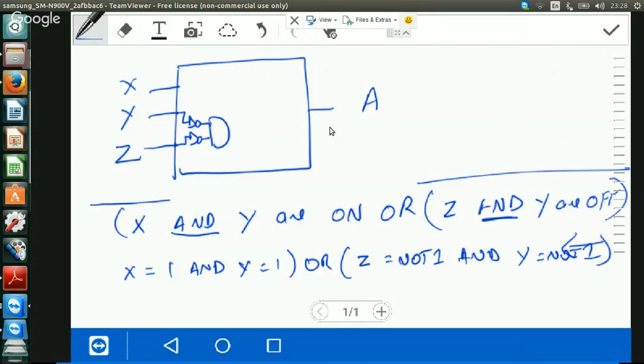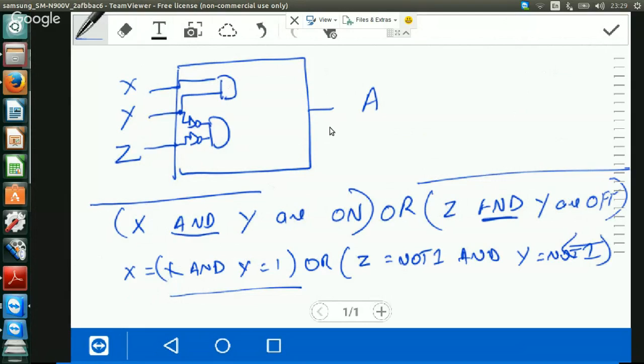So we have done this Y and Z part. So let's do this portion. Sorry. X and Y are 1, so another AND gate. X and Y, well, this one, we're going to put it from here.